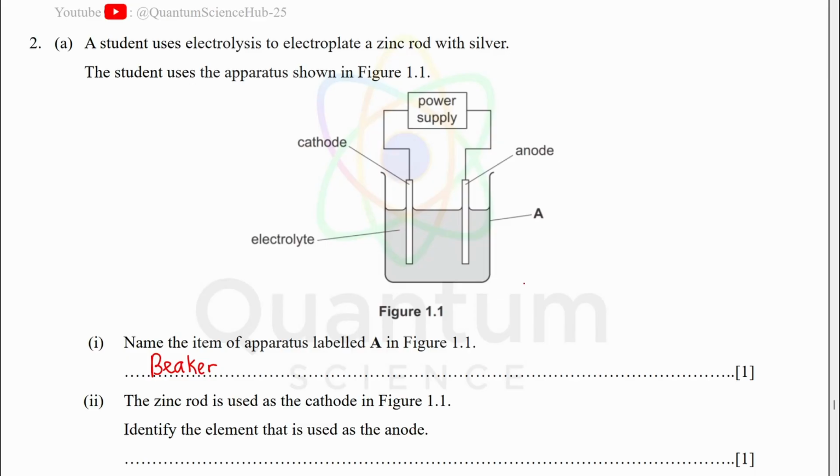If you check the notes in my previous video, remember the thing that you want to cover is put at the cathode, while the metal that you want to use to cover it in electrolysis, we put at the anode, right? So the zinc rod must be put at the cathode, while the silver should be put at the anode. So the element that is used as the anode is silver, right?